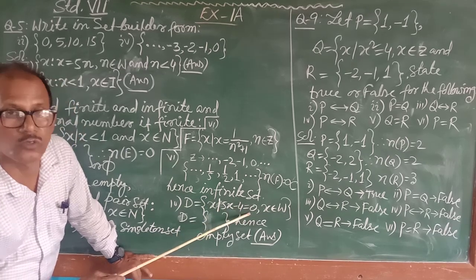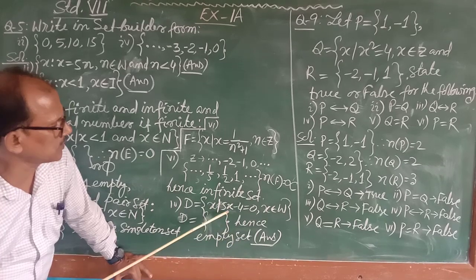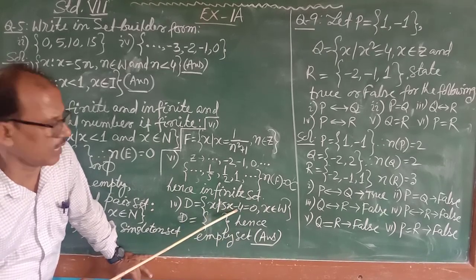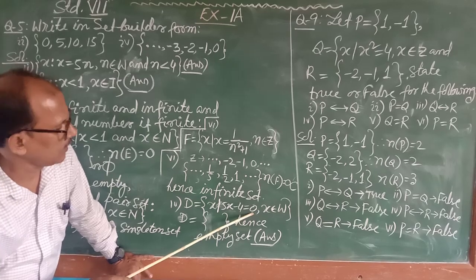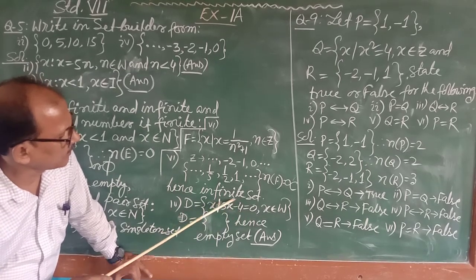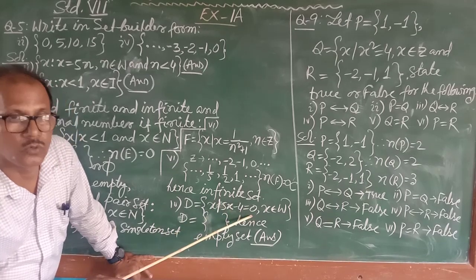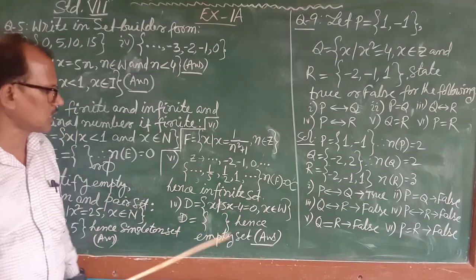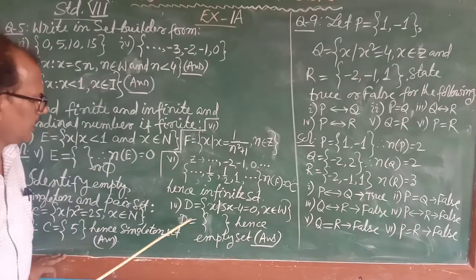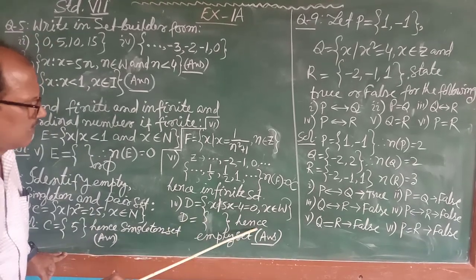Minus 4 is not equal to 0. The next whole number is 1. 5 into 1 is 5, minus 4 is equal to 1, which is not equal to 0. You cannot put any whole number value and find a value which will become equal. So no whole number will satisfy 5x minus 4 is equal to 0. Hence, it will be an empty set. D is an empty set.